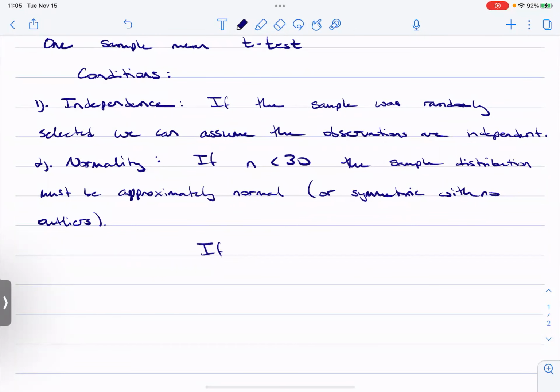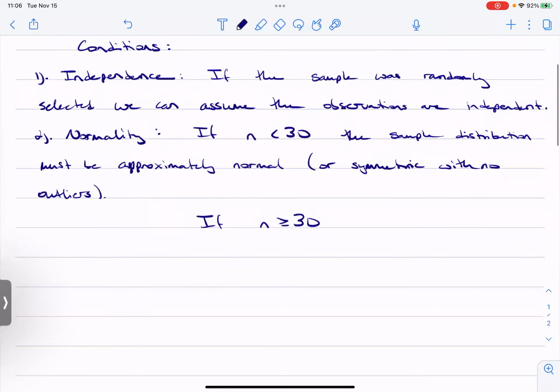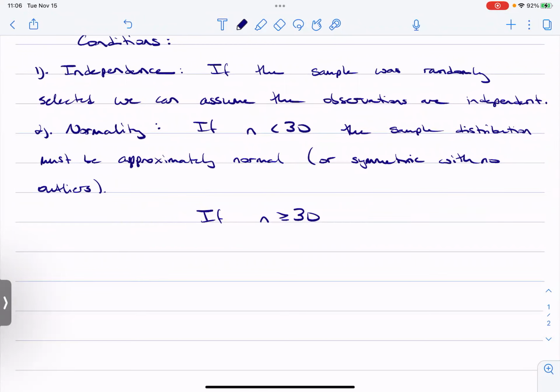If the sample size is greater than or equal to 30, then we can relax this condition quite a bit. We can handle some non-normality. We can handle some outliers, no extreme outliers, although if we have a big enough sample, let's say over 100, we can even handle some of those extreme outliers. So it's sample size dependent, but here, as soon as we hit 30, we're saying good enough for government work.